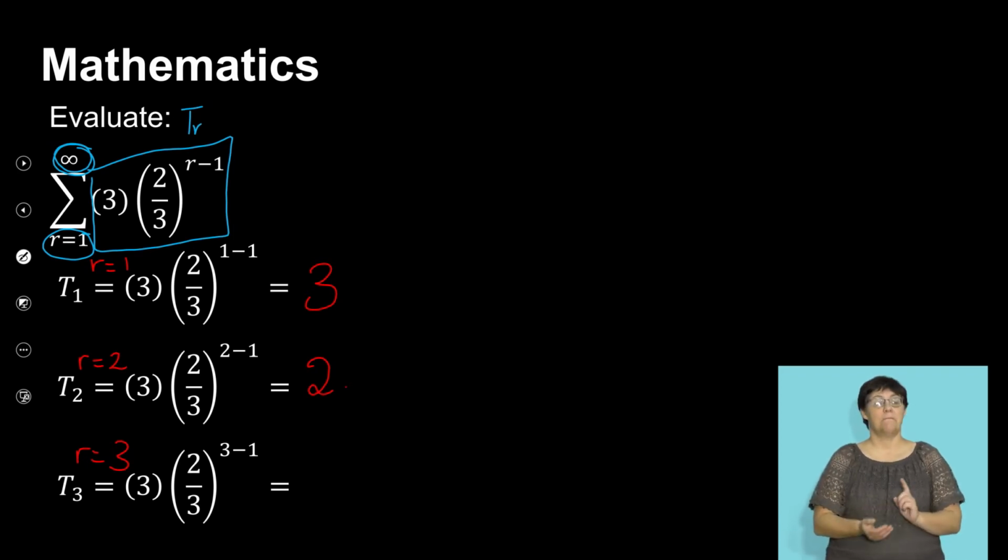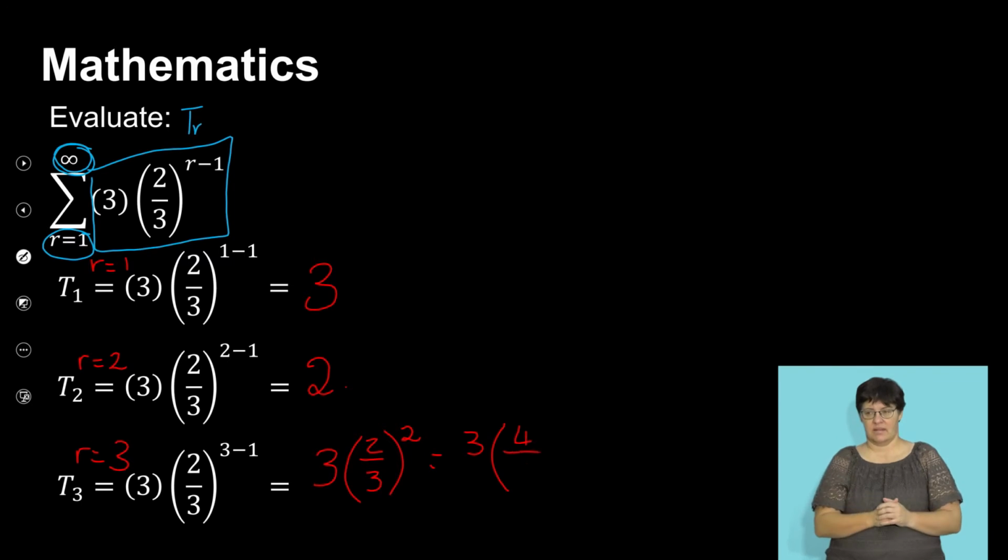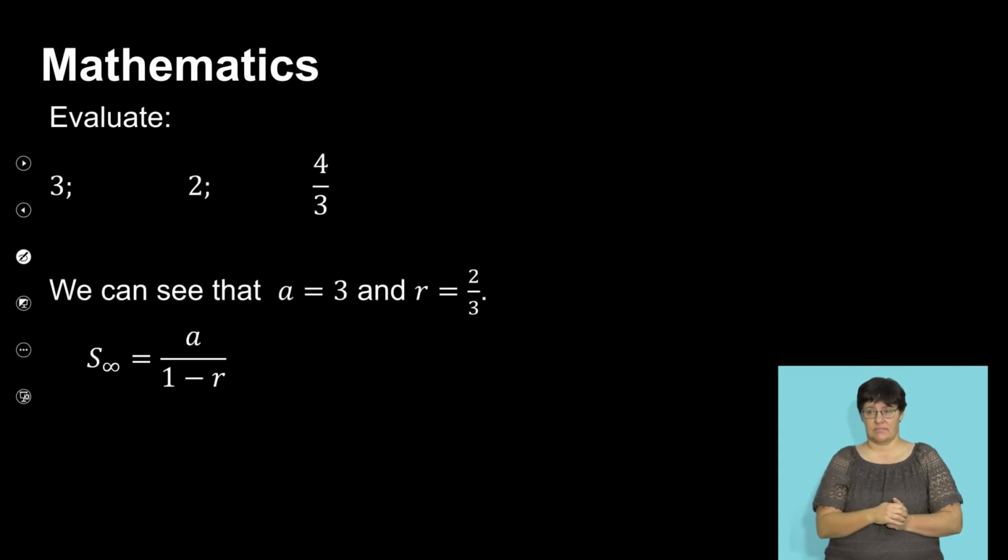And then to find the value of the third term, I'm going to say 3 times 2 over 3 to the power of 3 minus 1, which is 3 times 2 over 3 to the power of 2, which is the same thing as 3 times 4 over 9, which gives me 4 over 3 as an answer.